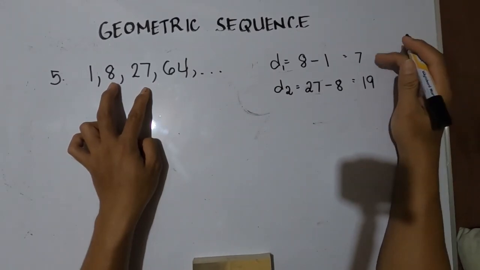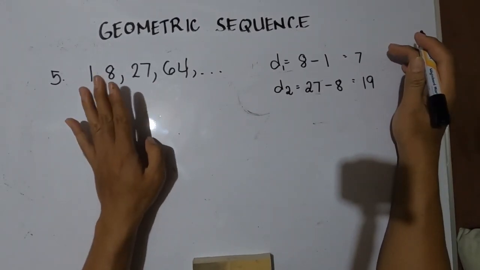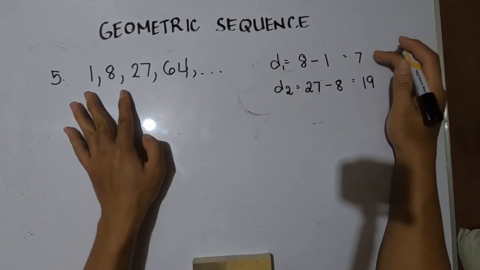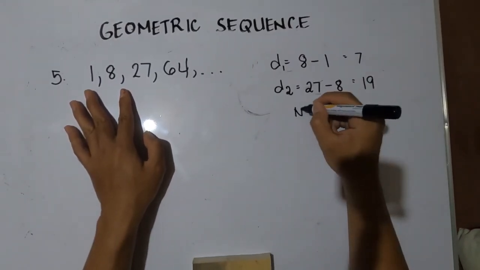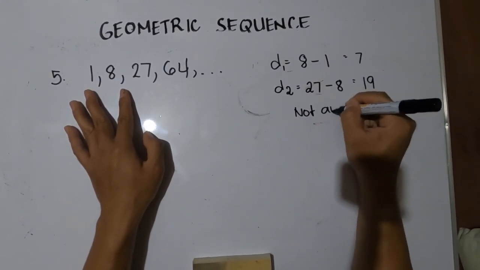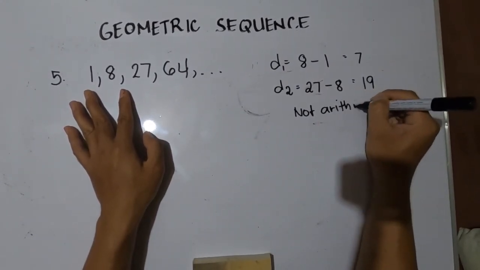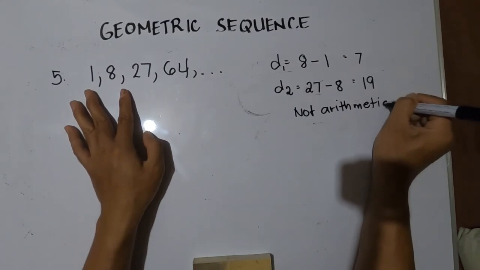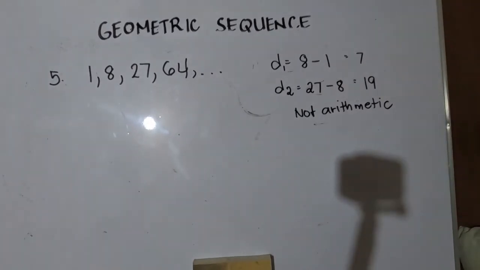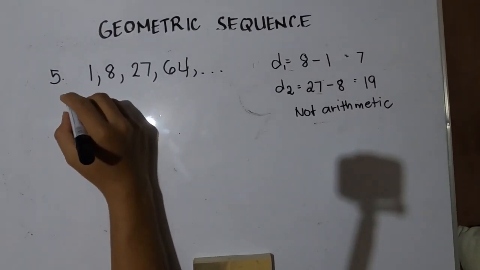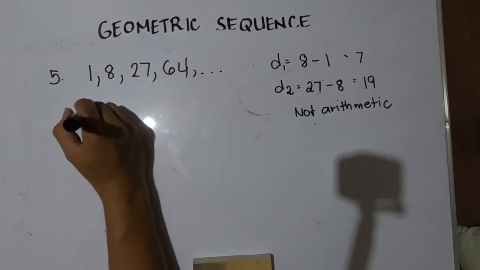So based on the difference of two pairs of consecutive terms, we can tell that this is not arithmetic because they don't have common difference. Let's try to verify if it is geometric. If it's geometric, it should have common ratio.